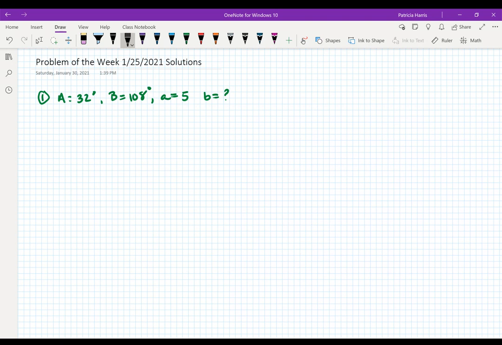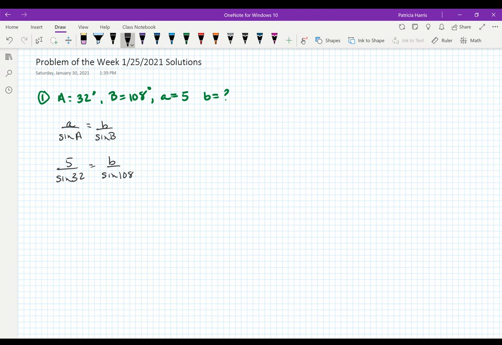So with your calculators out in degree mode, we're going to use law of sines, which looks like this. We're going to substitute in the appropriate info. Now notice here that you are looking for a side, not an angle.